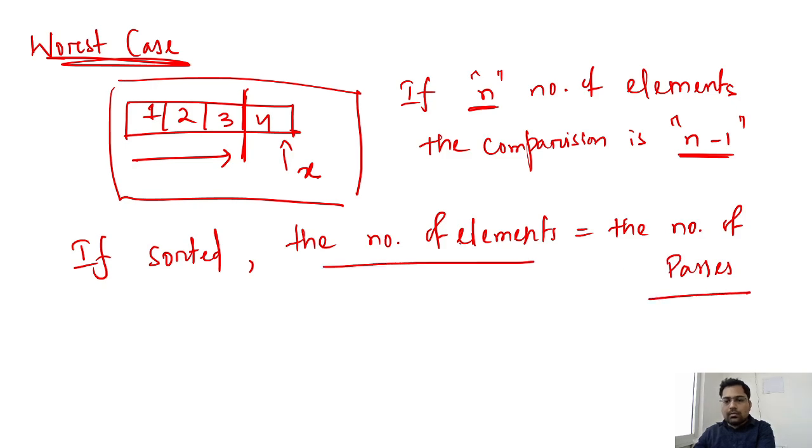Why? For the first pass, 4 is at its own location. For pass 2, 3 is at its own location. For pass 3, 2 is at its own location. For pass 4, 1 is at its own location. This is what we are getting.